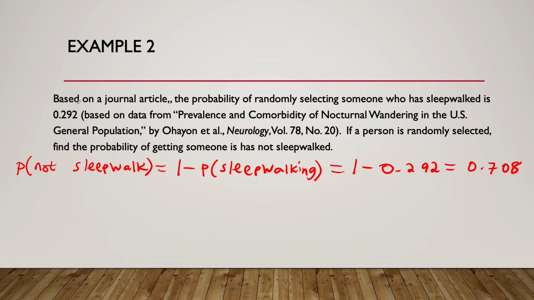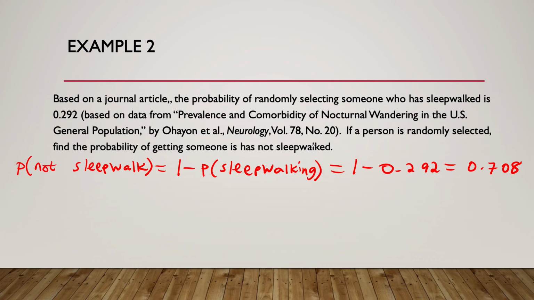So now for the next example, based on a journal article, the probability of randomly selecting someone who has sleepwalked is 0.292. And this is based on data from Prevalence and Comorbidity of Nocturnal Wandering in the United States General Population by Ohayon et al., from Neurology, Volume 78, Number 20.